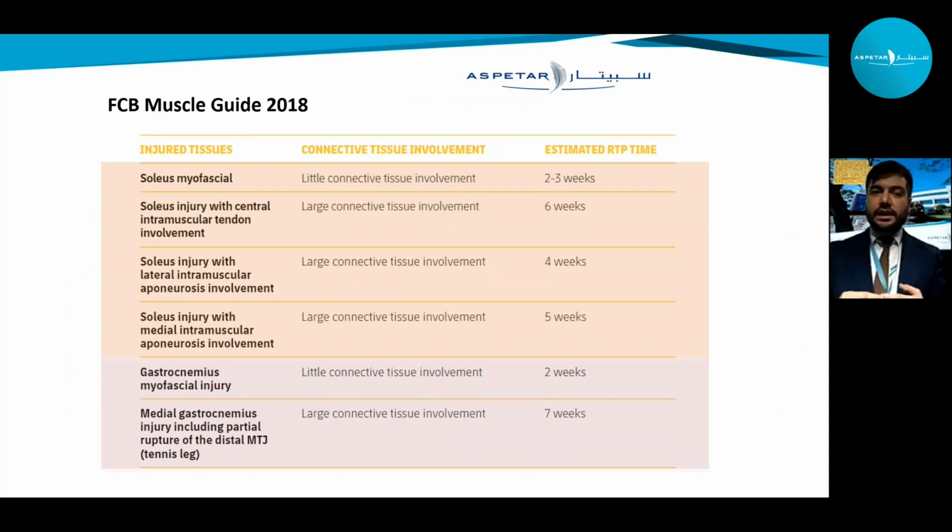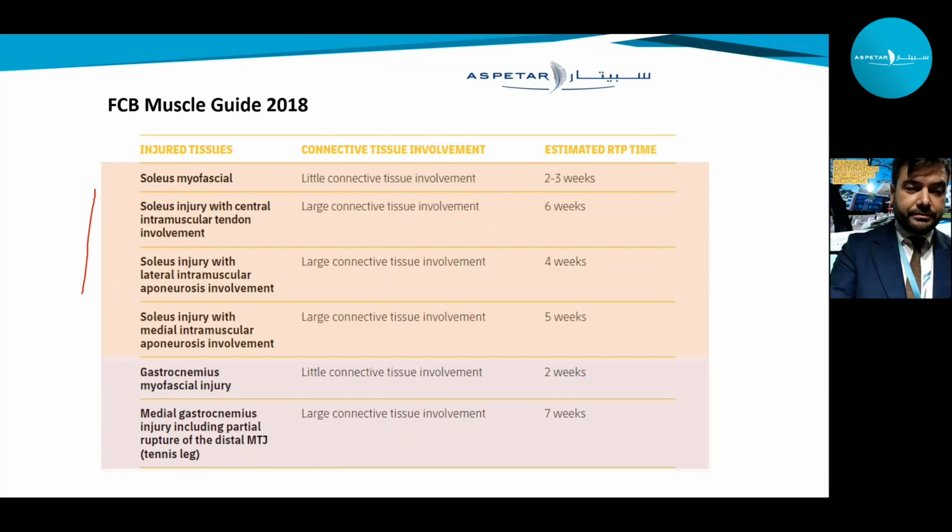According to the Football Club Barcelona Muscle Guide 2018, there is a correlation between where the injury is inside the muscle, whether there is large or little connective tissue involvement, and the estimated return to play for soleus and for gastrocnemius.